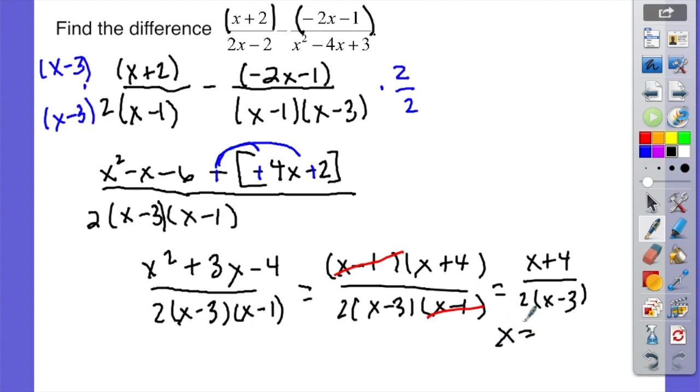So x cannot be 3. Now look at what I canceled out. I canceled out the x minus 1. So x can also not be 1. So you have to put the excluded values in. This makes an asymptote, and this is a hole that's in your graph.